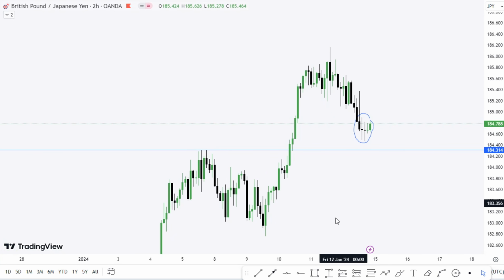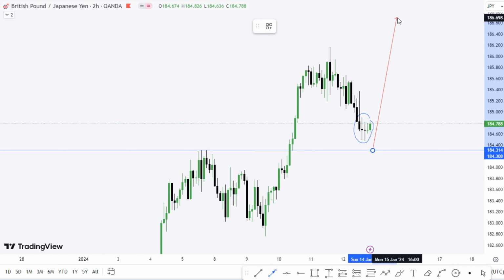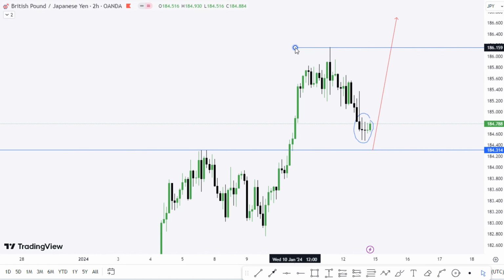After the retracement, we expect the market to push up with really huge volatility until the first take profit, which will be around this area here, the previous high, because we expect this market to break the previous high and create a new higher high.